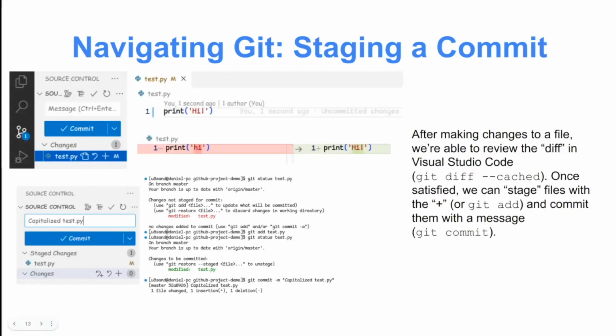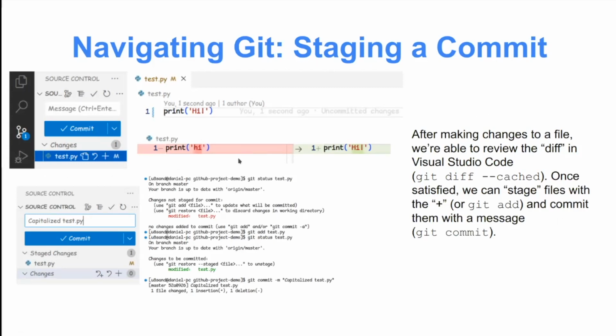Okay, so we'll get right into it by actually using Git and seeing how you collect these changes into commits and then actually run them. So here I had a file and then I made a change to it.